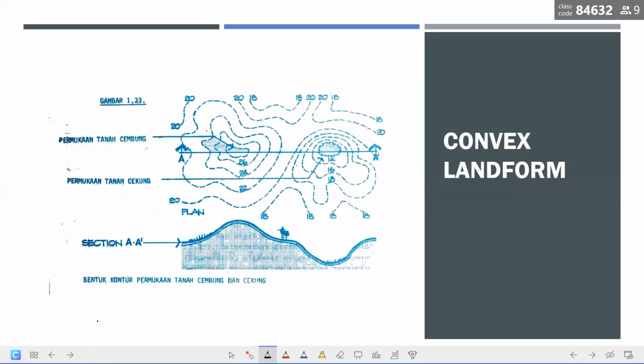So you can actually have a combination of convex and concave landforms within an area. In this particular illustration, this A to A section right here illustrates the combination of convex and concave landforms.